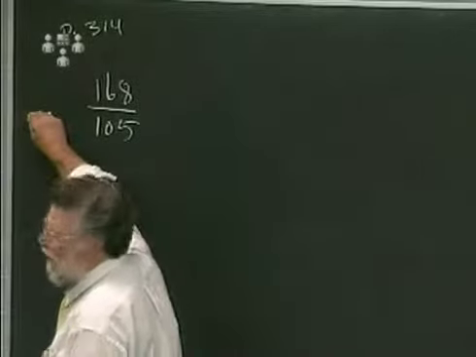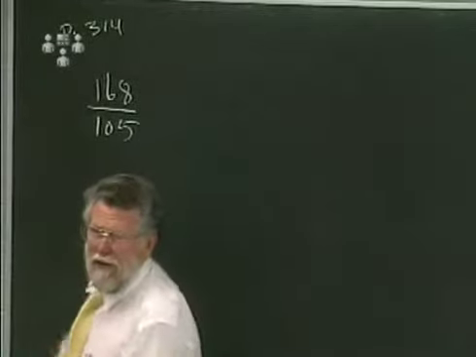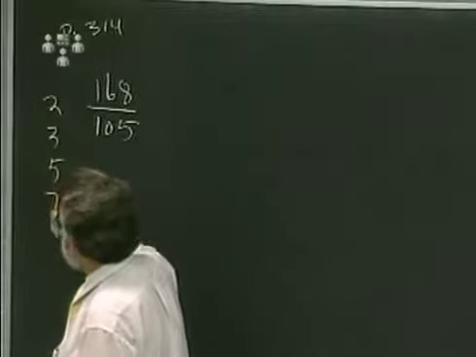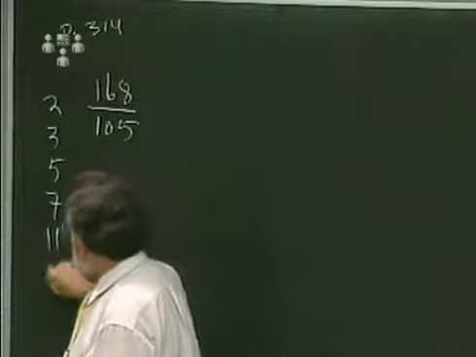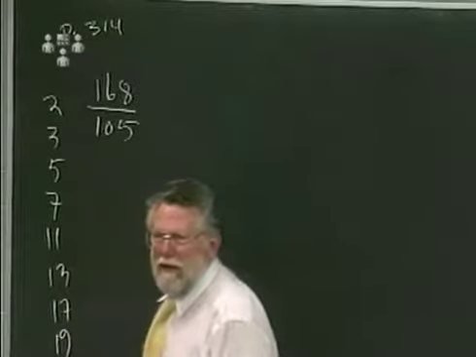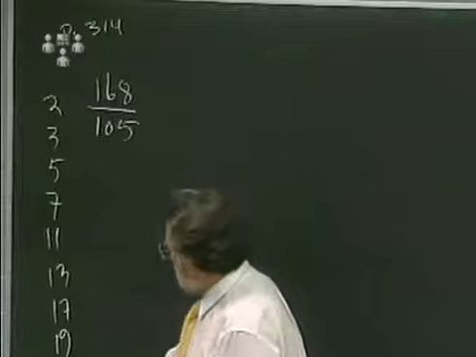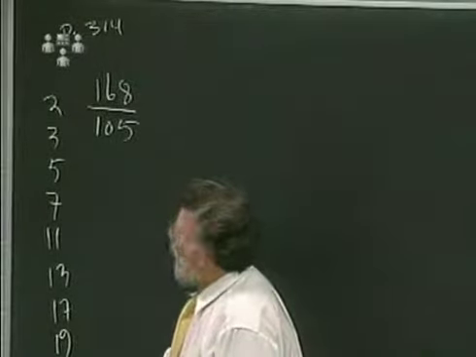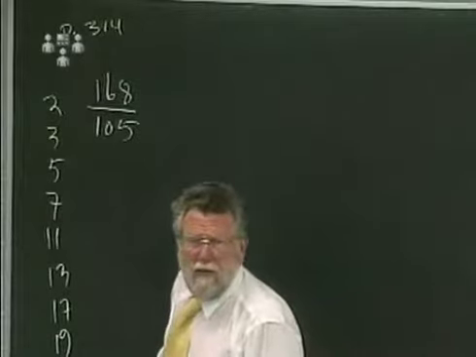So what are my primes? I'm going to list them, just as a reminder. 2, 3, 5, 7, 11, 13, 17, 19, and then we stop. We can keep going forever, but that'll do it for the moment. So at this point, I'd like to write each of these as a product of primes.